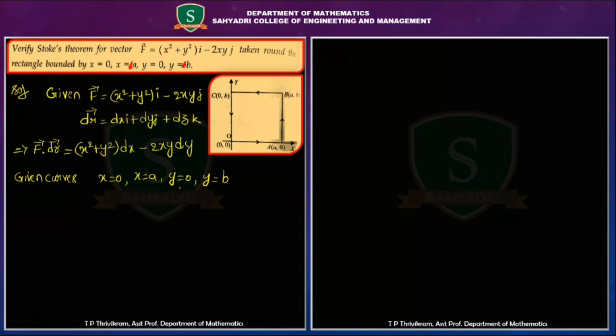So if you are taking x equal to 0, on which axis is x 0? Y axis. On the y axis x value will be 0. So for that sake, we'll consider this line as x equal to 0. Similarly, x equal to a.